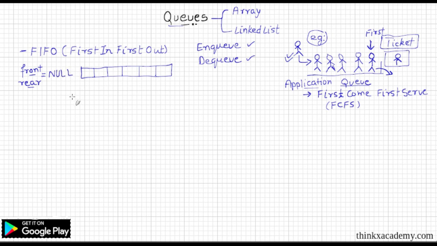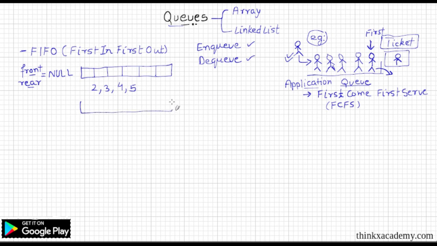So let's suppose we have some elements that we want to insert in this queue. So let's suppose the elements are 2, 3, 4 and 5. We're going to take these 4 elements. So let's see how the values of front and rear will change when we are going to enqueue or dequeue from this queue.